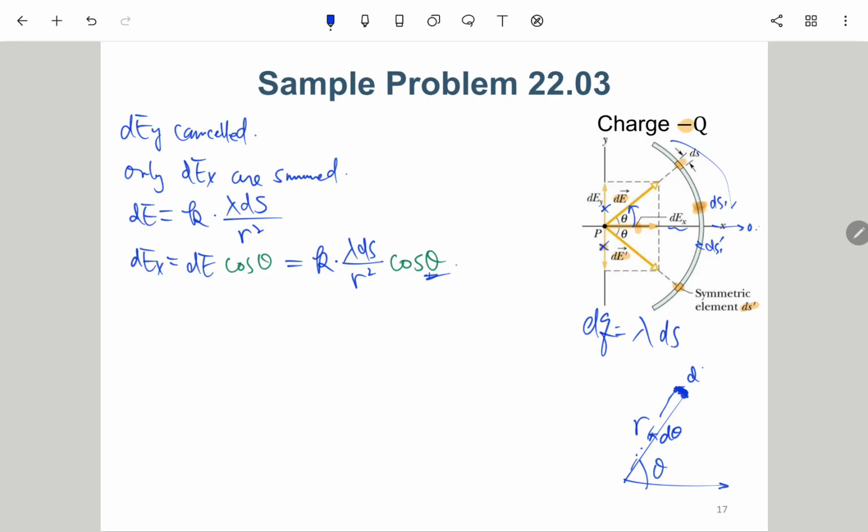This length will be ds, which will be r times d theta. So the arc length will be like the radius multiplied by the angle in radian.